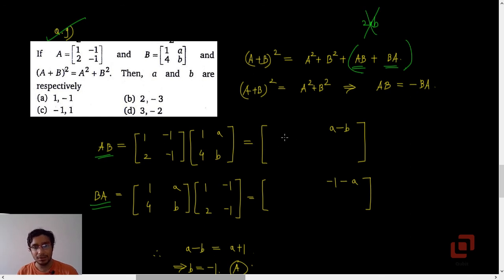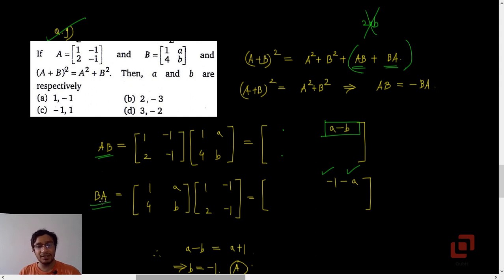So it makes no sense to go to the first row of A and first column of B, as well as second row of A and first column of B. Okay, so let's go to this. 1 into A plus minus 1 into B, so A minus B. Do the same thing for B. It will be first row, second column, so 1 into minus 1 plus A into minus 1, minus A. Okay, see, now this is enough, right?